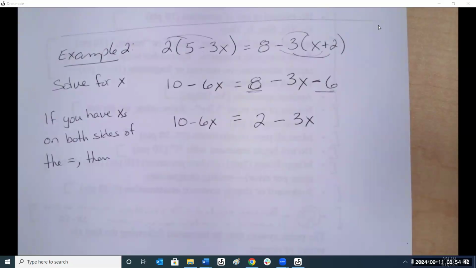Which one do you move? What do you mean, bigger one? Actually, it's just the opposite.